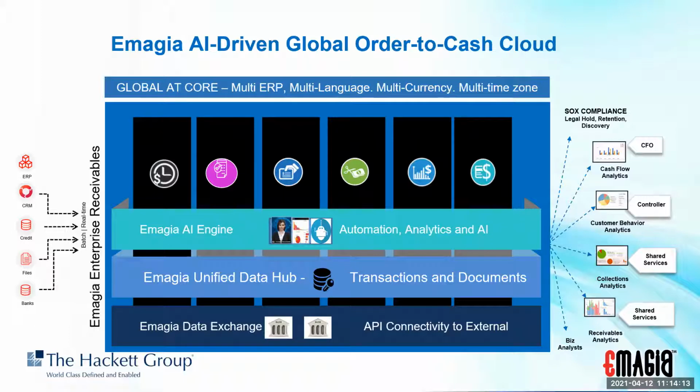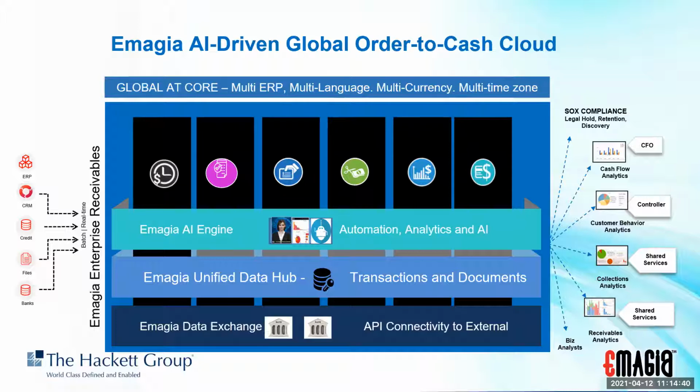We have integrations with multiple ERP systems in the back end, as well as multiple external systems. When it comes to credit, for example, multiple credit bureaus like Dun & Bradstreet, Experian and multiple others. When it comes to cash application, integrations with the bank, all of these are pre-integrated through what we call the Imagia data exchange.